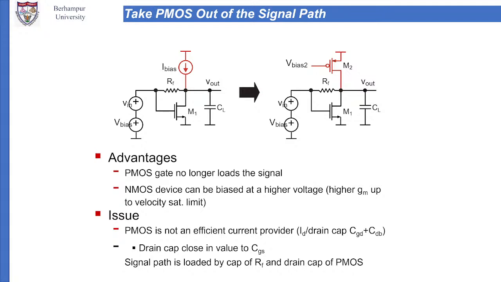Now, let us start with this. Take the CMOS out of the signal path. So we do not have the CMOS. If we do not have the CMOS, then look at the equivalent circuit. If you take out the CMOS for the transistor, then you use a current source. So I bias is used as the equivalent current for the CMOS.